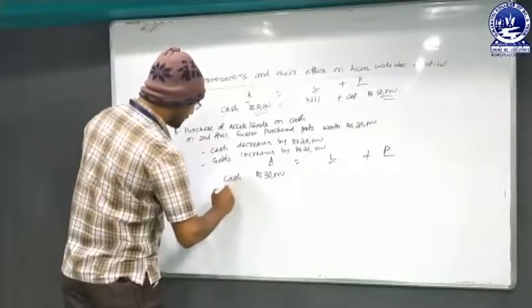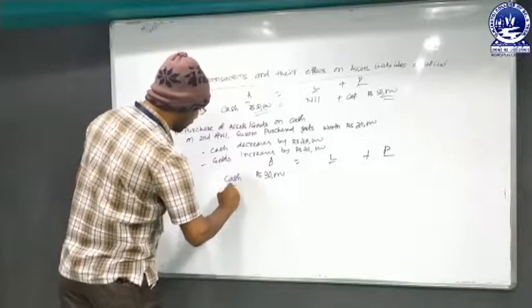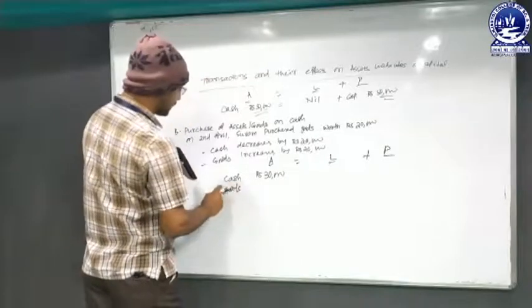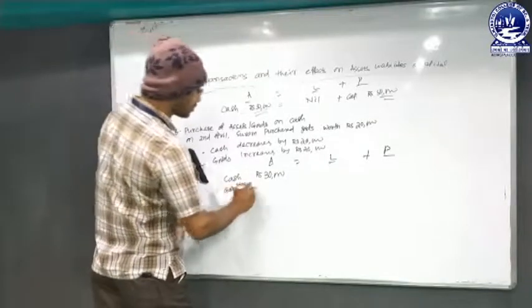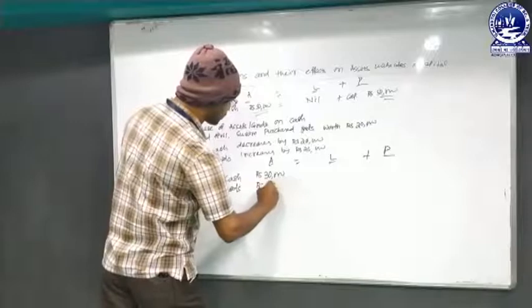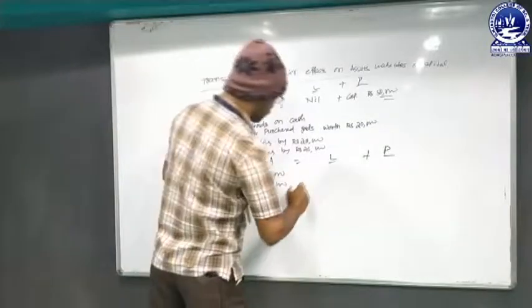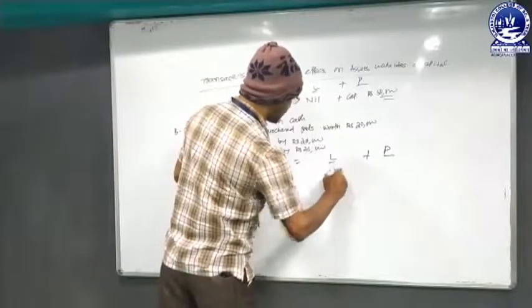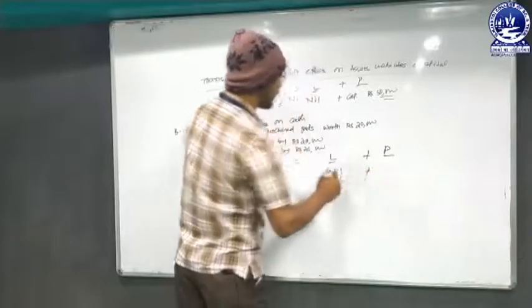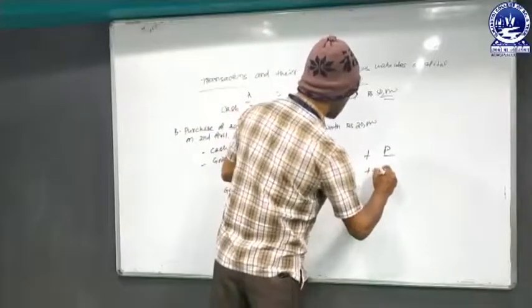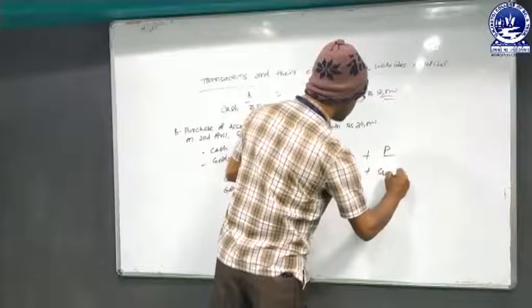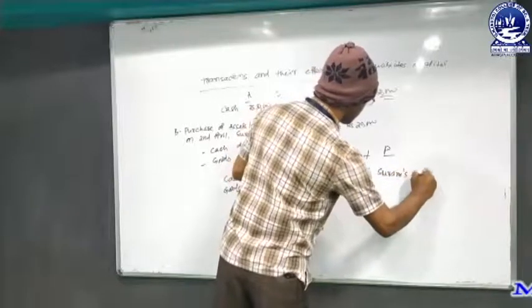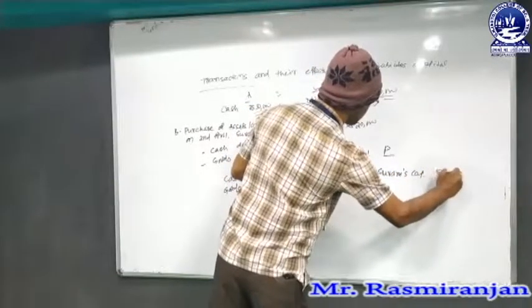So that is the cash asset, and we have to represent it under the asset head. We write that goods is equal to rupees 20,000, and there is no liability, so the liability head is nil, and the capital amount is the same, rupees 50,000. Shubham's capital, that is rupees 50,000.